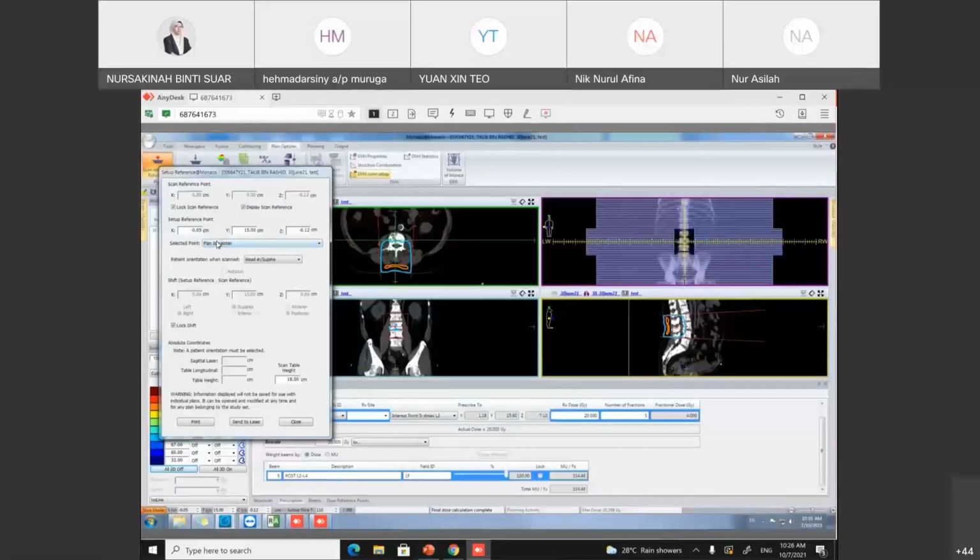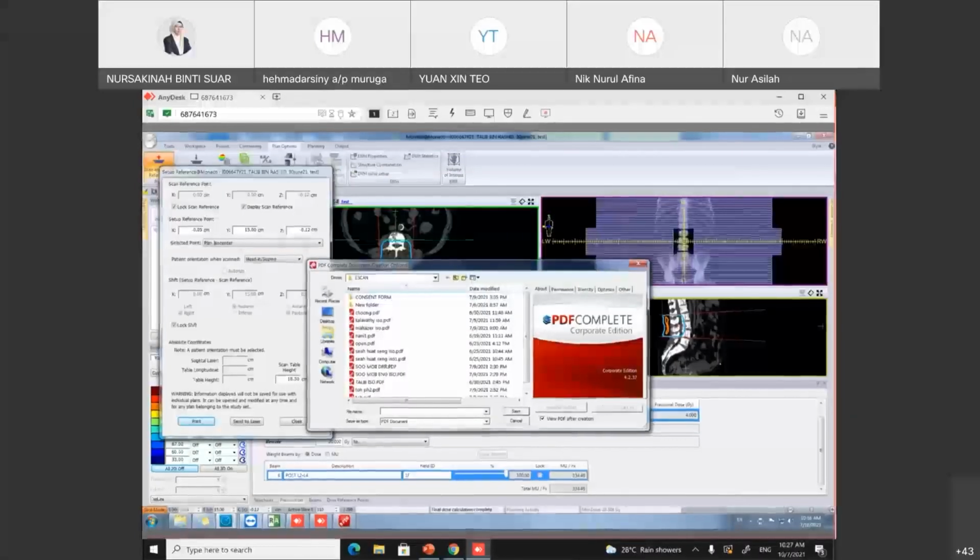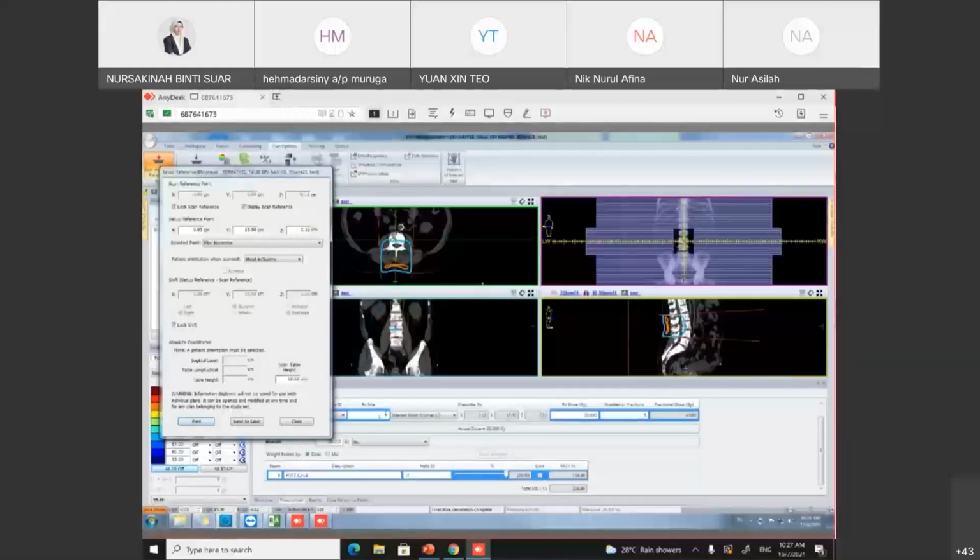After you click the plan isocenter, we need to send this shift information to our radiographer, which means they need to shift 15 cm superior from their origin. Normally we will print this document for them to counter check. Let's see a sample.